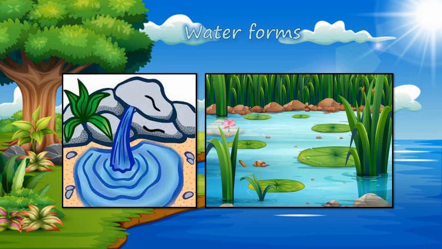Another is a spring and a pond. The water of a spring comes from underground, while the pond has marsh and aquatic plants, and there are many fishes and living creatures here.